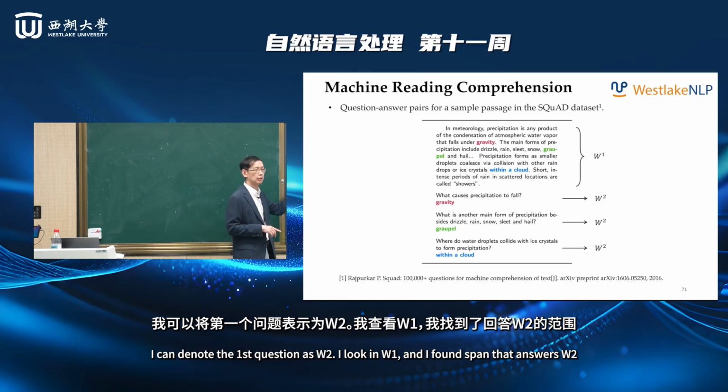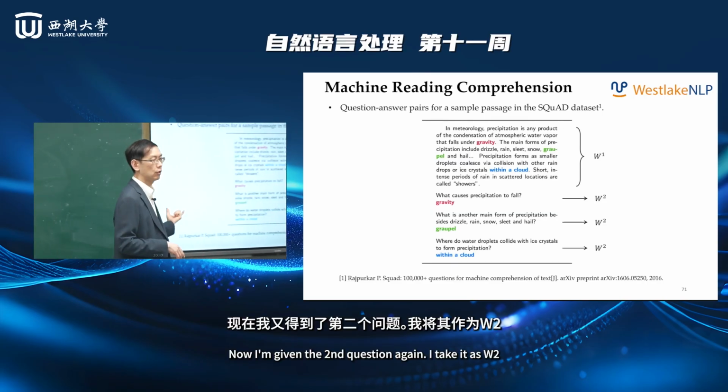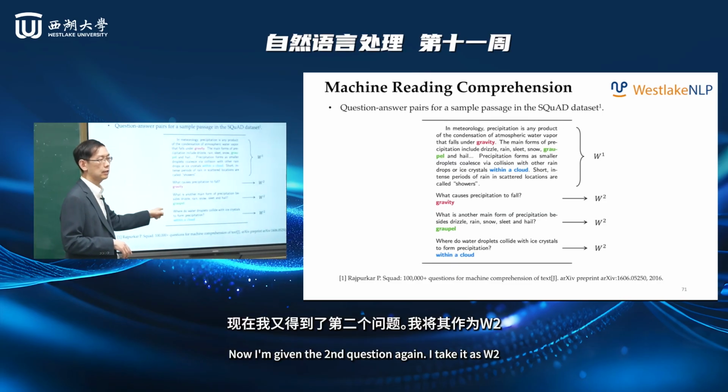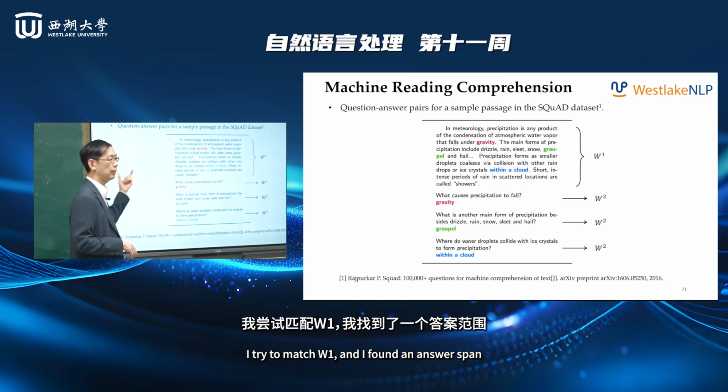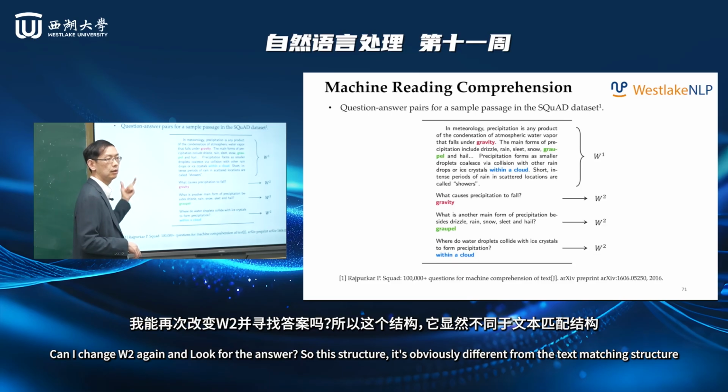I look in W1 and I find a span that answers W2. Now I'm given the second question. I take it as W2, I try to match W1 and I find an answer span. I can change W2 again and look for the answer.